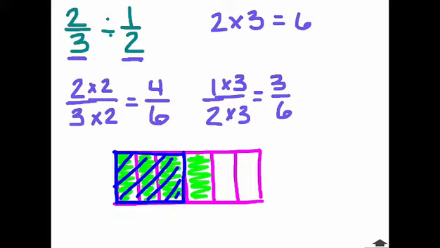So we have a total of 1 set of 3 so far. Now we have this area right here that is left over that's not going to make a set of 3. Okay, so this one little piece that we have left, let's figure out what it represents.